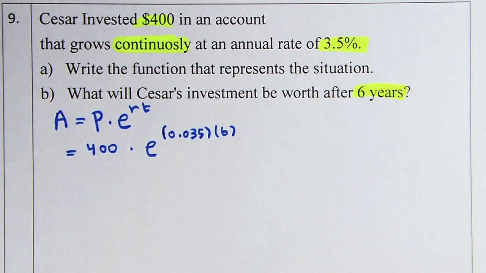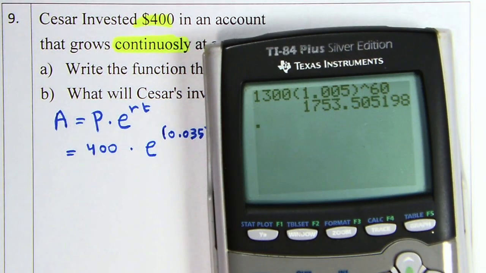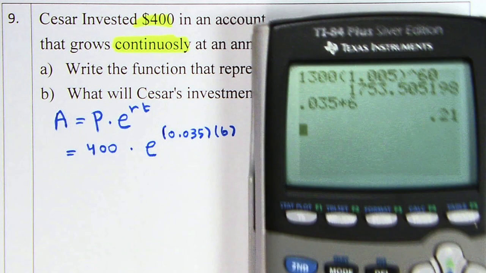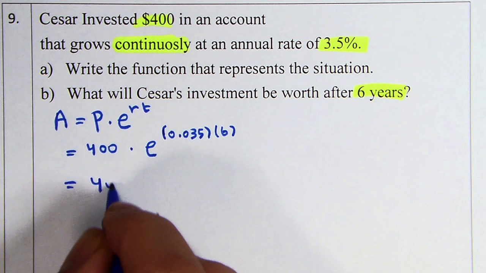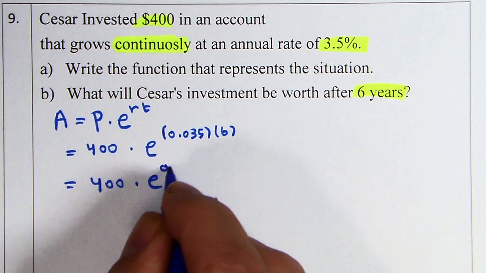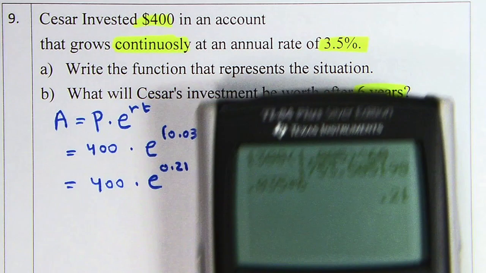So multiplying 0.035 times 6 is equal to 0.21. This will help us finish it and write less when we simplify our numbers. 0.21. Now we type this on the calculator.